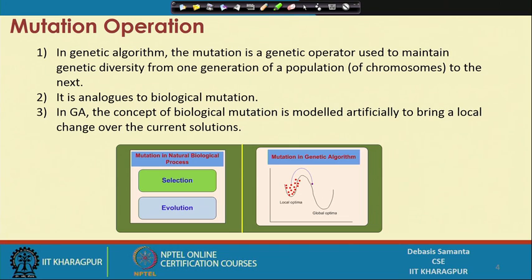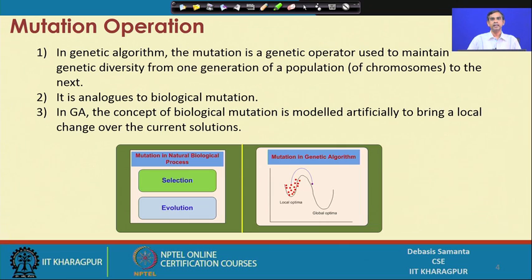For example, in your garden, if you plant a rose tree and the flower is red, then one day it is quite possible that one flower which appears is white, or out of so many red rose trees, there is one tree which produces a white flower. This is an example of mutation in nature. Similar mutation is followed in the genetic algorithm also.